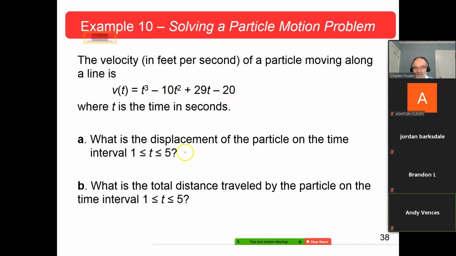Well, that's pretty straightforward because displacement is simply the integral from 1 to 5 of your velocity, which is t cubed minus 10t squared, that's ugly, plus 29t minus 20 dt.